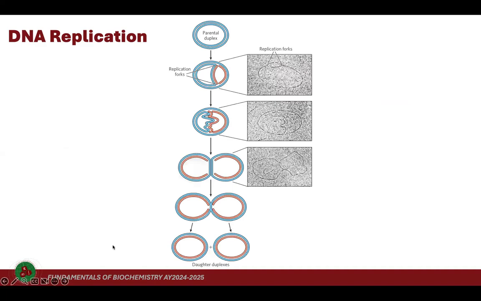So the evidence that proved that this is how DNA replication takes place in bacterial cells is through an experiment called autoradiography, where essentially a scientist can use a heavy isotope, which is also radioactive, in order to visualize any biomolecule that they wish to see.